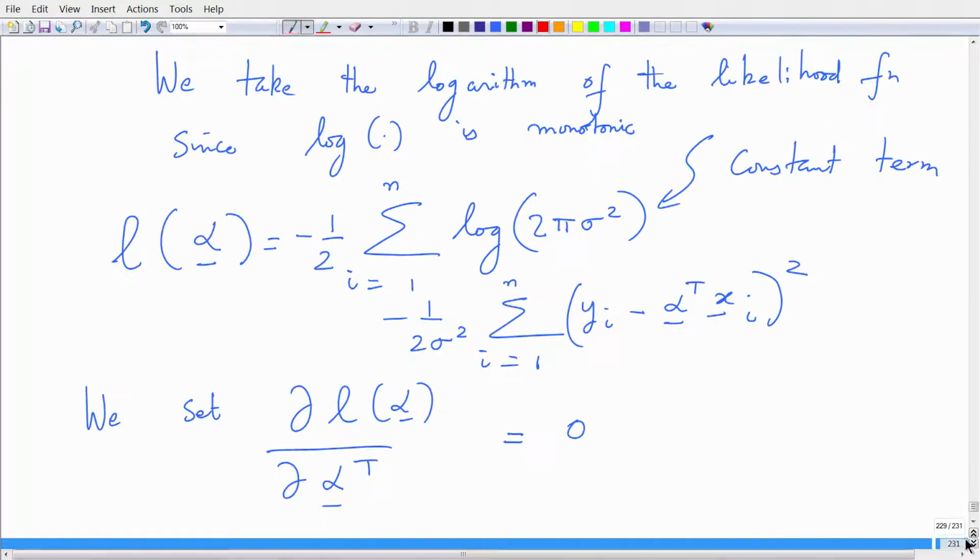Taking the logs on both sides of the likelihood function, we get this quantity here. The small l stands for the log likelihood, and if you do a little bit of algebra, you will simplify this to this quantity here.